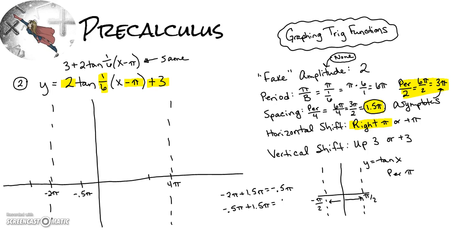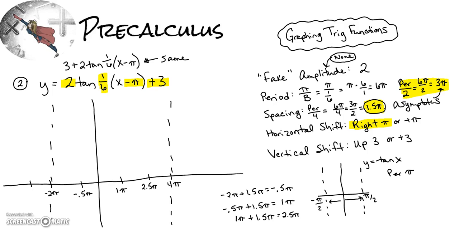So that brings me up to positive 1 pi. So that would be here. And then 1 pi plus 1.5 pi is 2.5 pi, which is going to be here, and that's it, because if I add another 1.5 pi to that, that gets me right to the 4 pi, which is what should have happened.